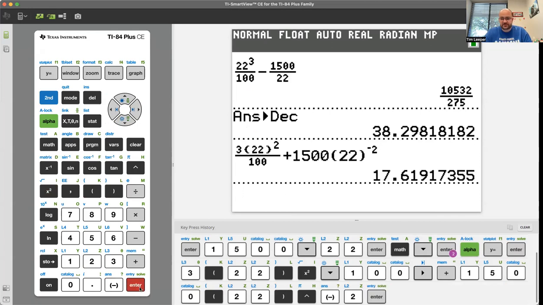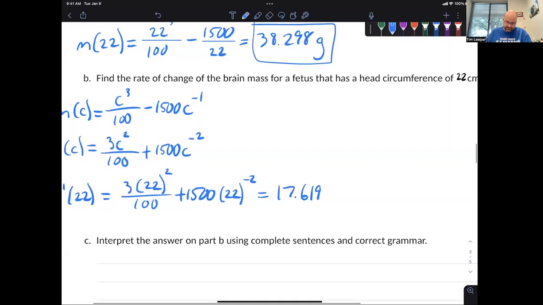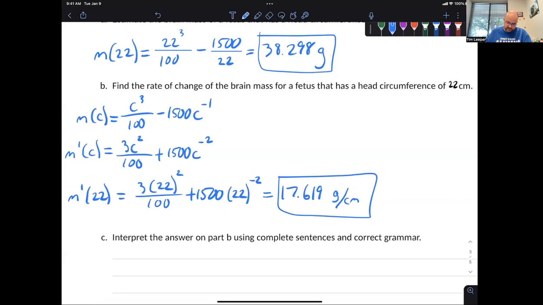Now notice that to the nearest thousandth, the nearest milligram, that's 17.619. Now let's go back to the notes. What are the units? Well, the units for mass are grams per, and what are the units for c? It's centimeters. So it's 17.619 grams per centimeter. And there we go.